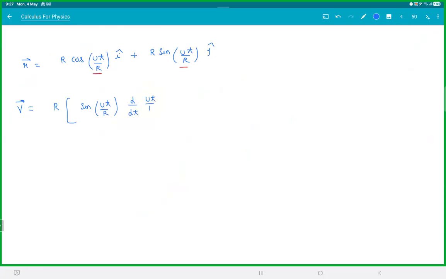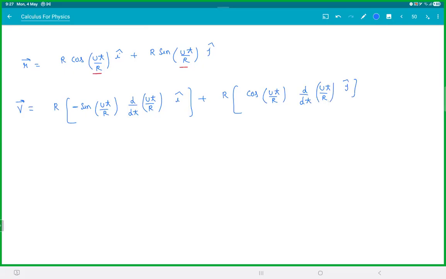The variables will look a little weird, but you need to get used to these variables. U by r is just a number. That's it. Then i cap plus r times the differential of sine, which is cos ut by r, and then differentiate ut by r again, and you're left with a j cap.